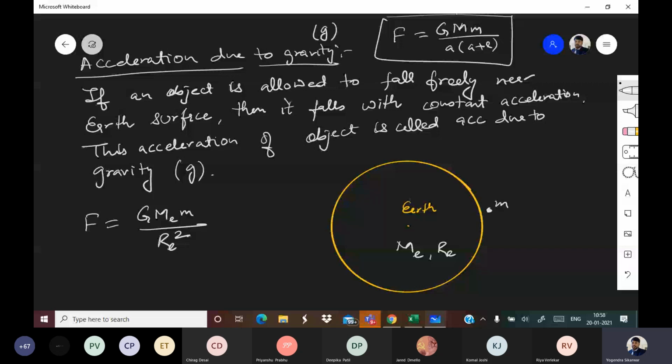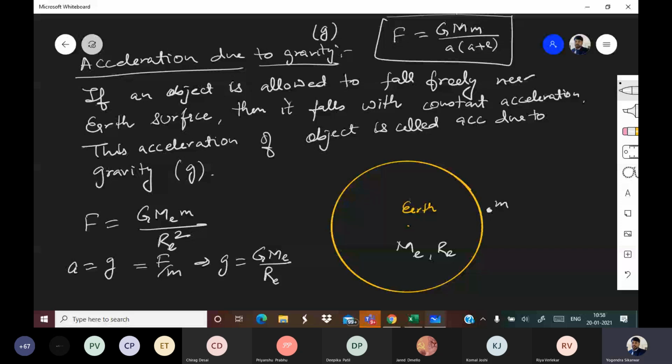Very close to Earth means height from Earth's surface is negligible. So F of gravity will be G M_E m upon R_E square. So a will be F by m, and that a is actually called g. So g comes out to be G M_E upon R_E square.